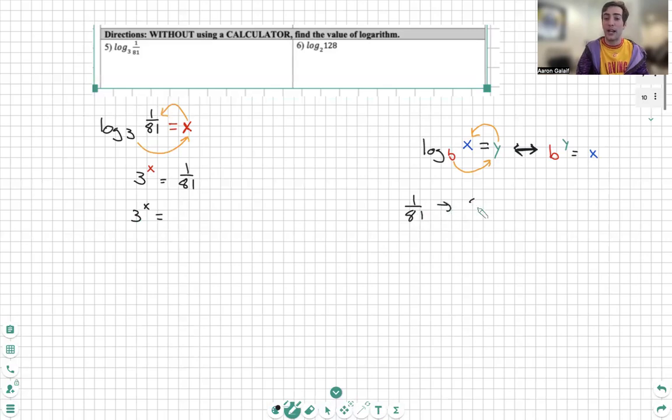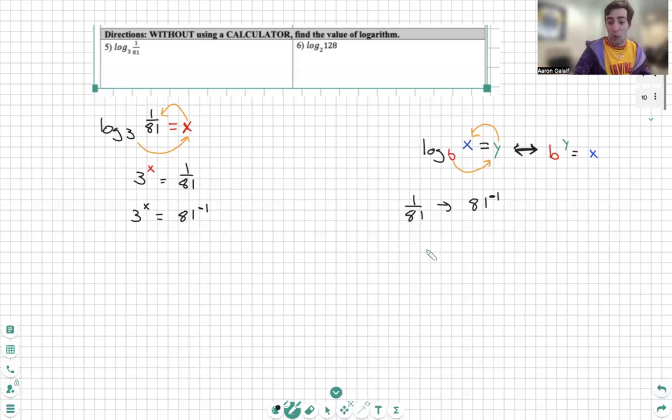Recall that a negative exponent will bring a numerator to a denominator or a denominator to a numerator. So I can rewrite this as 81 to the negative 1, because that's the same thing. Are the bases the same yet? No, we're still not done. We need to make 81 have the same base of 3.